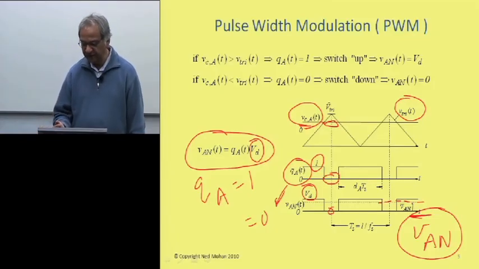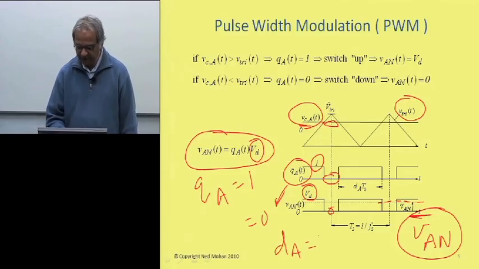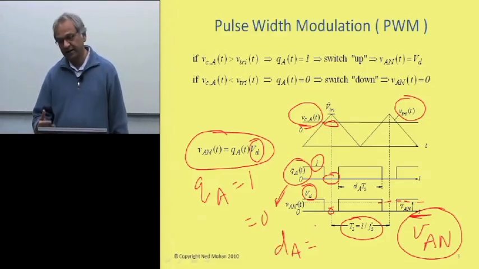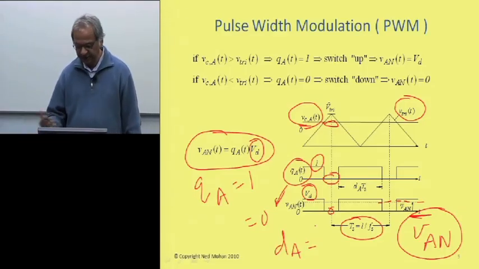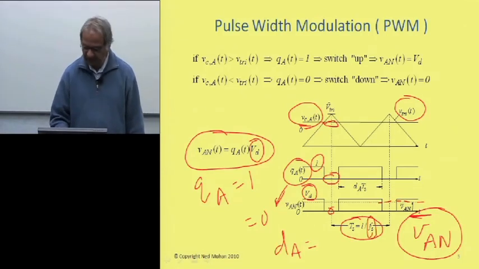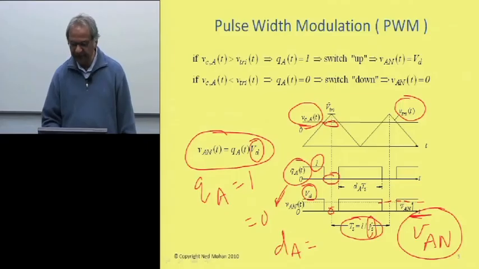And you can see that we can define the switch duty ratio. So duty ratio means the time the switch is in the up position as compared to the entire switching time period. And this is happening at a very high frequency, let's say 10 to 20 or even 50 kilohertz. So the switching time period, if the switching frequency is 20 kilohertz, would be only 50 microseconds.